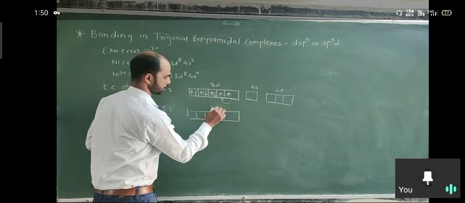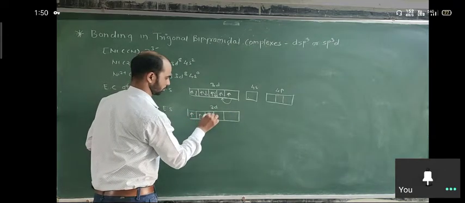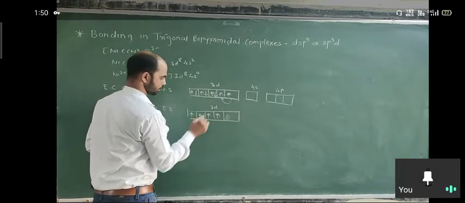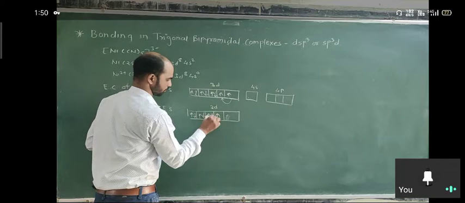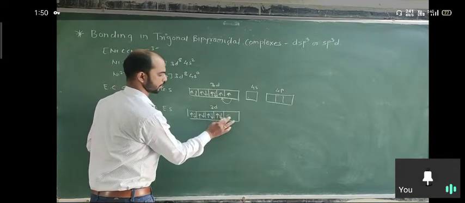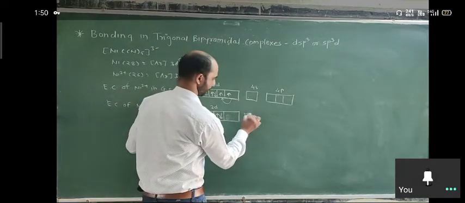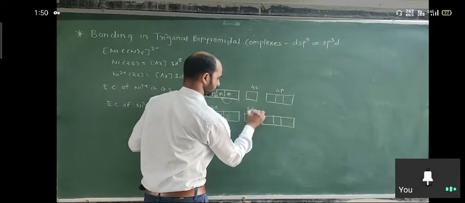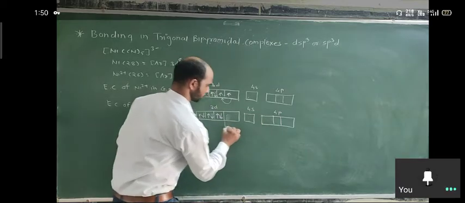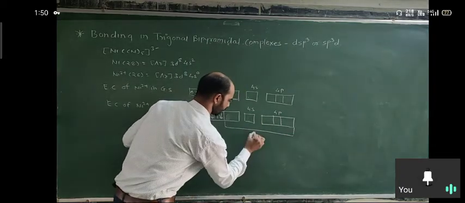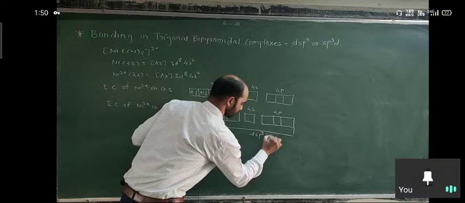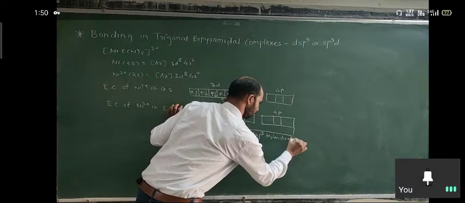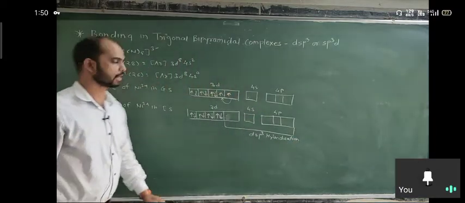So here is the 3d. Okay, this is the pairing. So the orbital is empty. So simple, there is dsp3 hybridization.